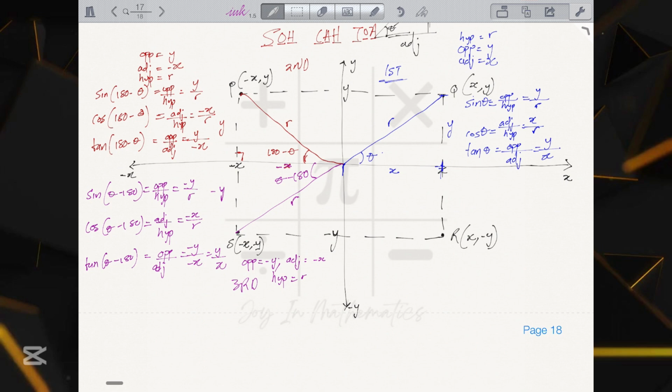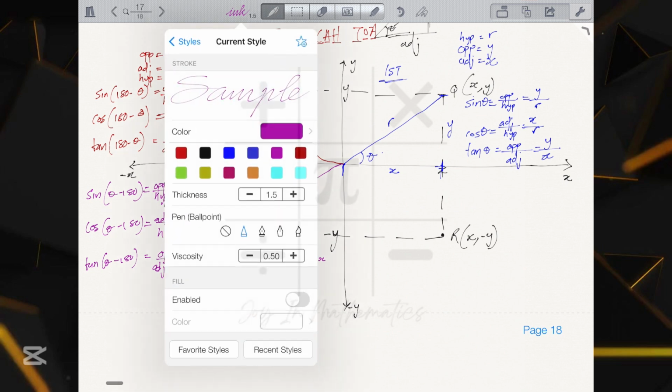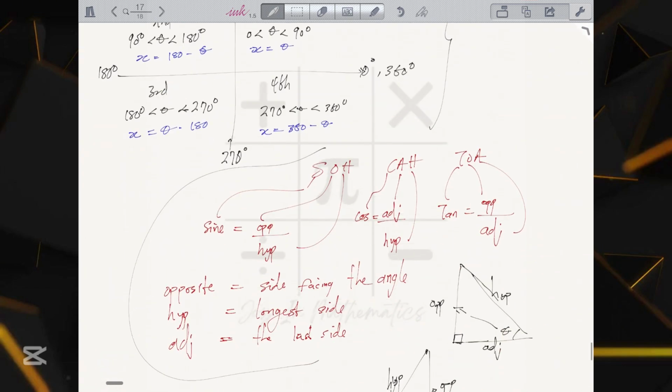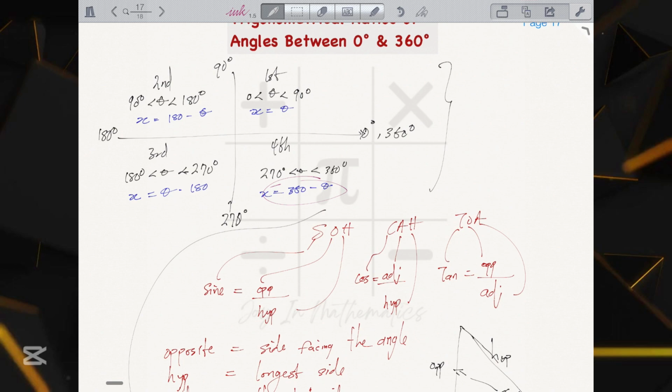Now let's take the last phase. The last phase is the fourth quadrant. In the fourth quadrant, we have the acute angle to give us 360 minus theta, just as we have here. 360 minus theta.